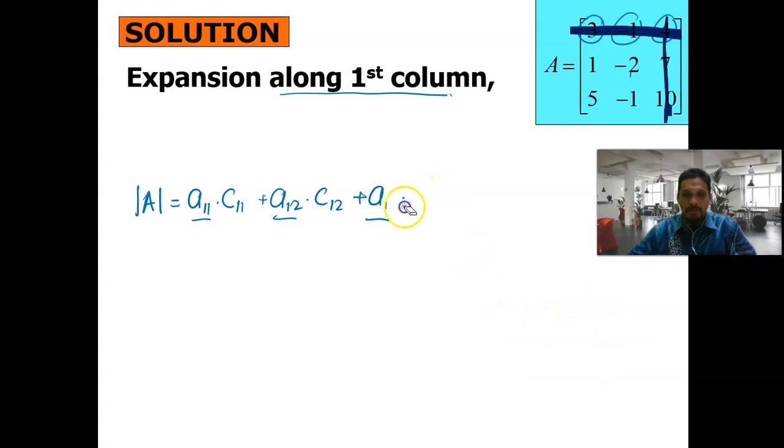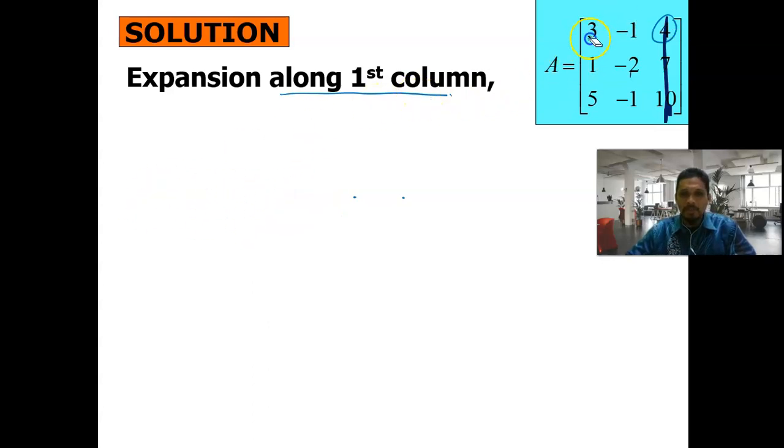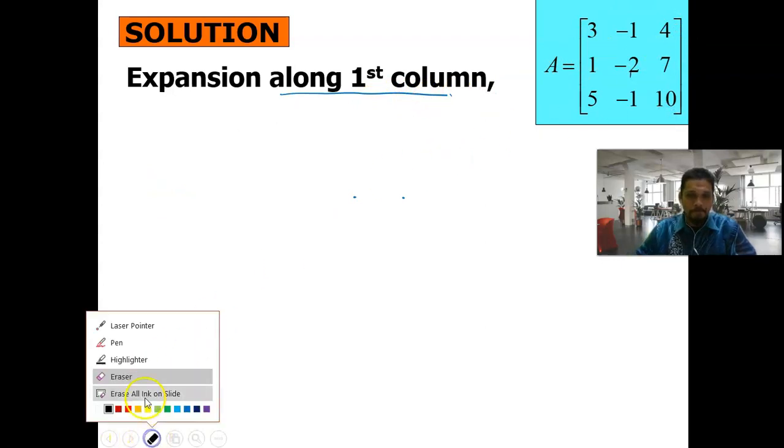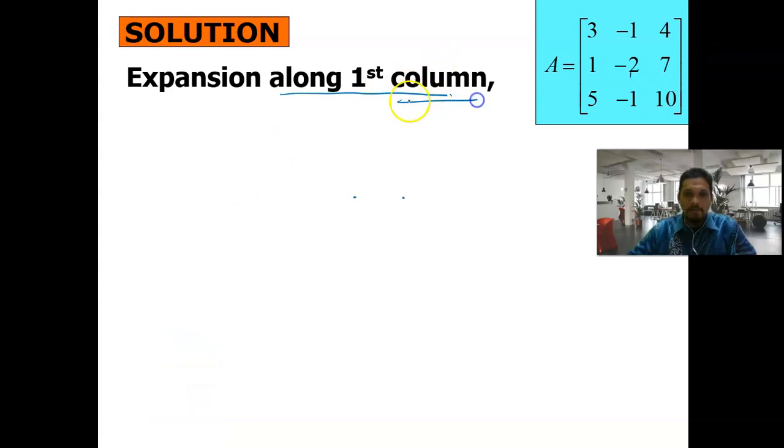What I wrote here is expansion along the first row, but according to the question it's the first column, so I made a mistake there, sorry. Okay, along the first column.